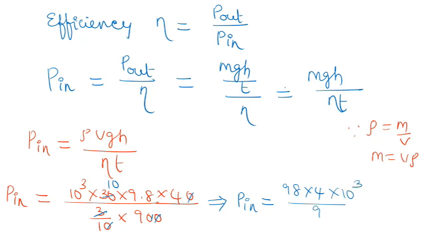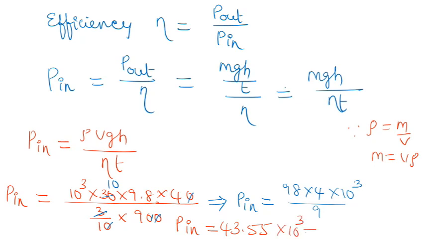So that is equal to power P is equal to 98 into 4, 40. Total we are multiplying 98 into 4 by 9, we are getting 43.55 into 10^3.